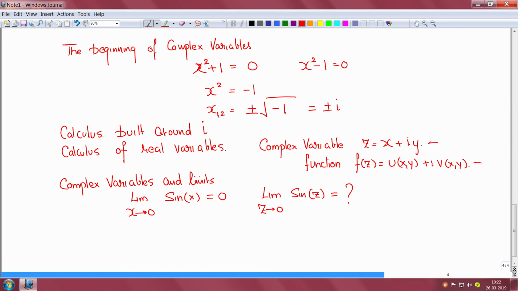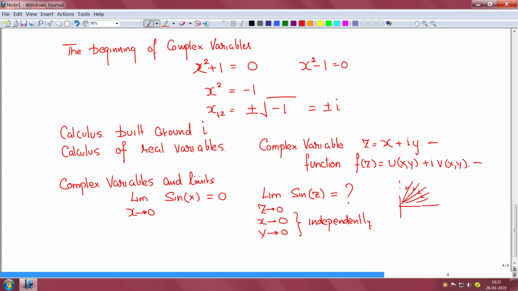Now it is not automatic that z plays the role of x here. Z going to 0 implies that x goes to 0 and y goes to 0 independently. So if you consider x to be the real axis and y to be the imaginary axis, then you could be arriving at 0 at any angle.